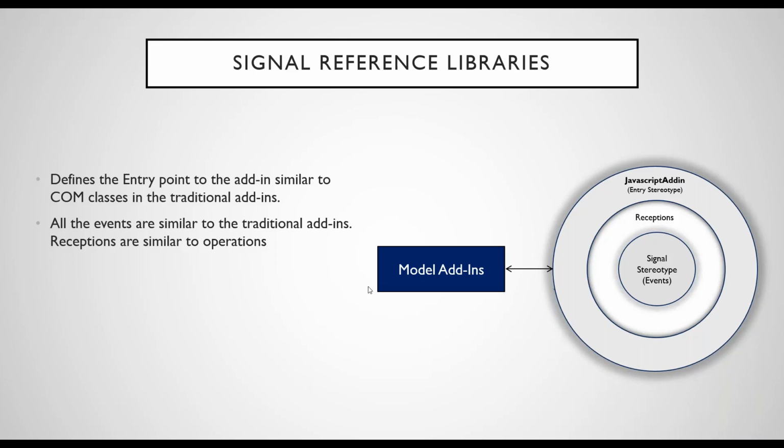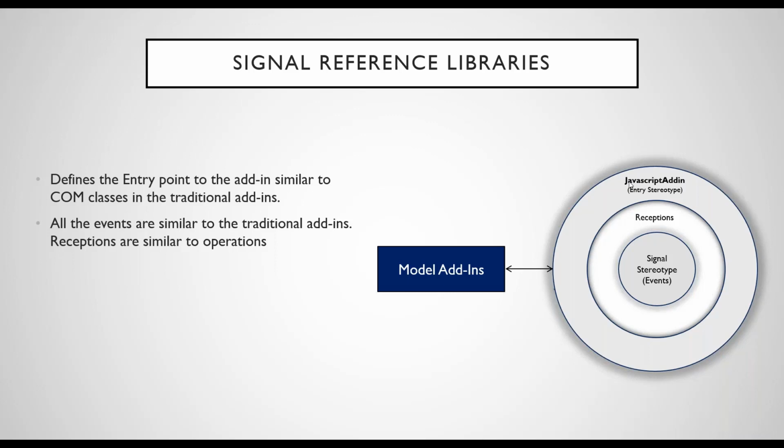As in the traditional frameworks, even a model add-in requires an entry point, where the communication between EA and the add-in should be implemented. That is done through a specific stereotype called JavaScript add-in. This is the specific stereotype which Sparx recently added in the latest versions to develop these model add-ins.